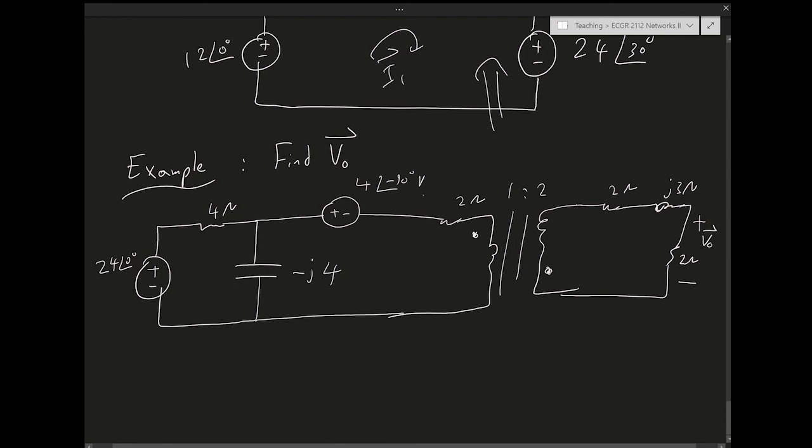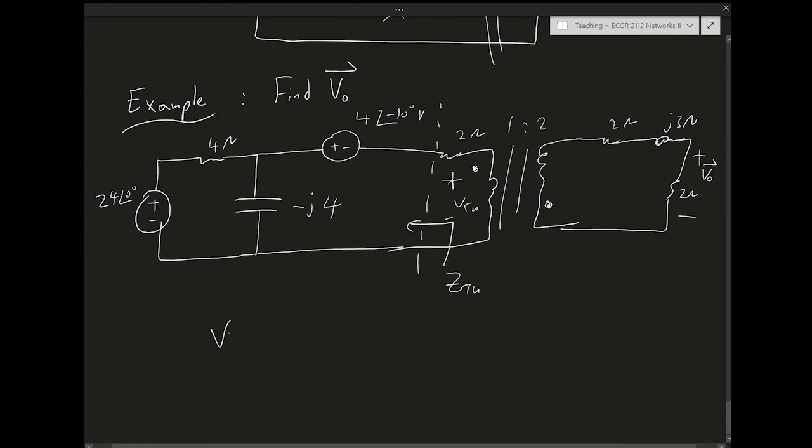To simplify things, I want to notice that the primary circuit is a bit more complicated than the secondary circuit. So what I could do to simplify things, I could split the circuit here and find the Thevenin equivalent looking in that direction. Right, so what would be the V Thevenin, which is the open circuit voltage?